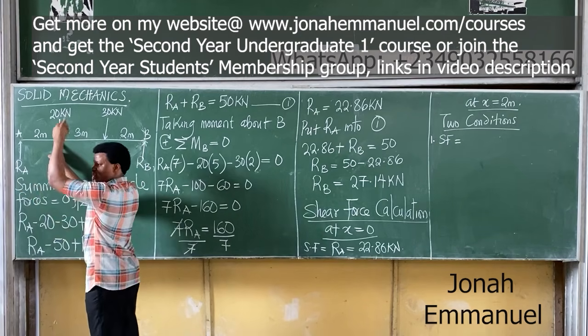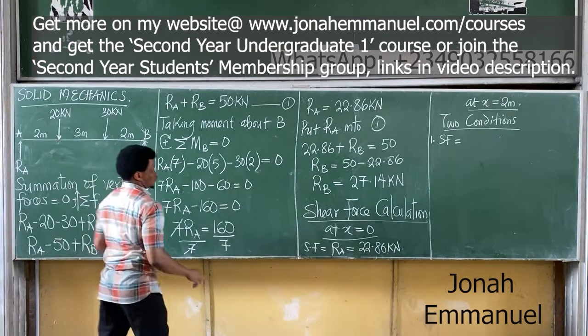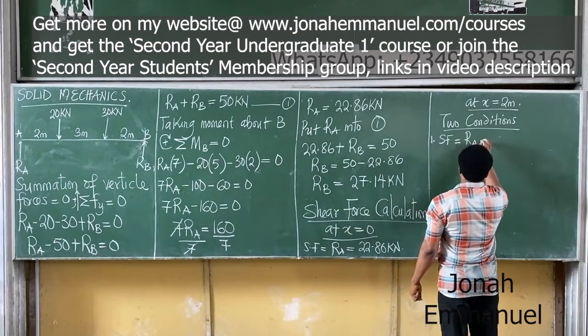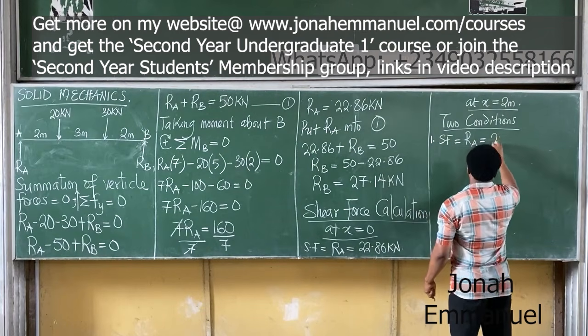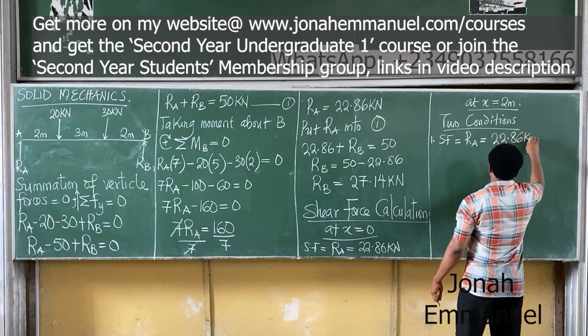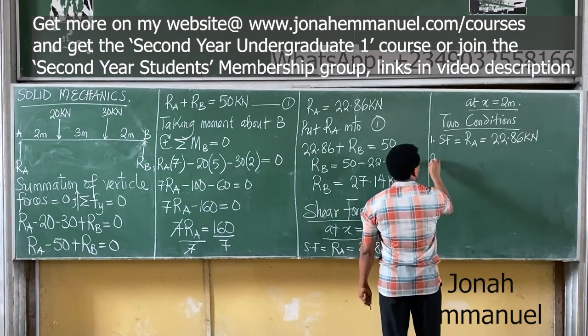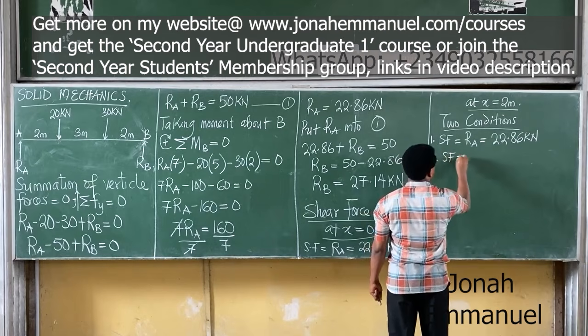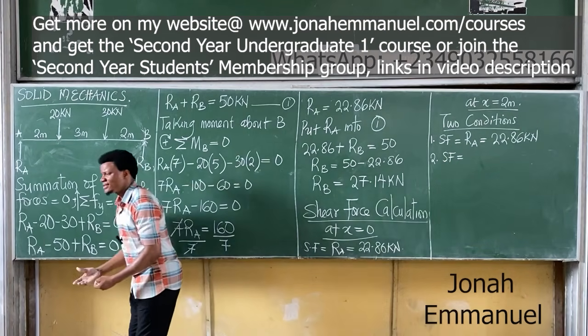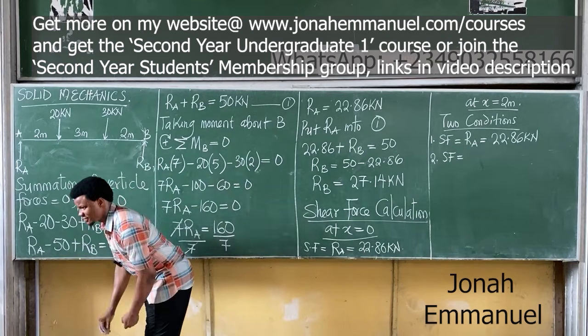Is it going up or coming down? So before that point, I have RA. What's the value of RA? 22.86 kilonewton.